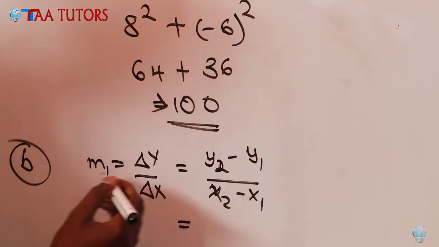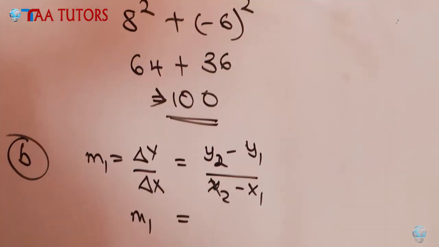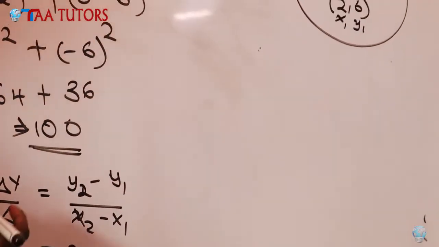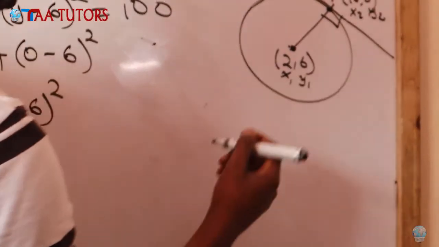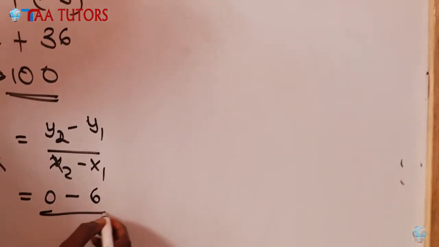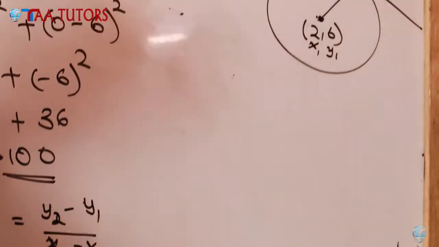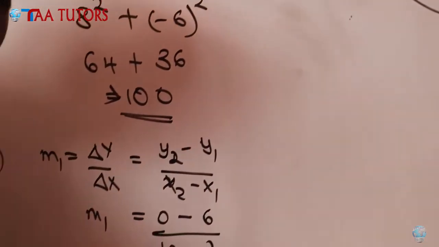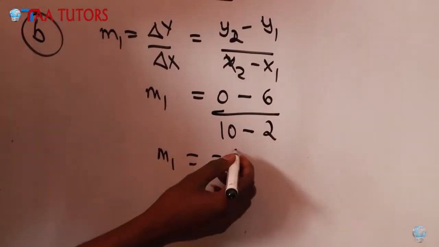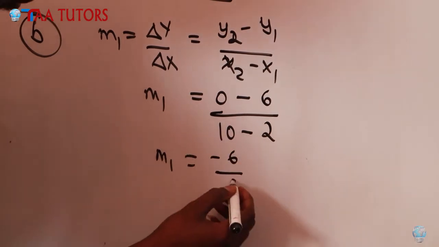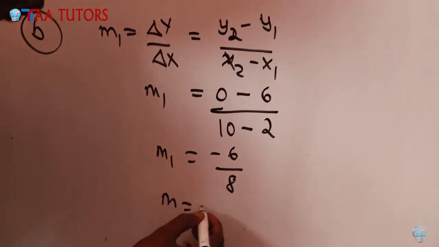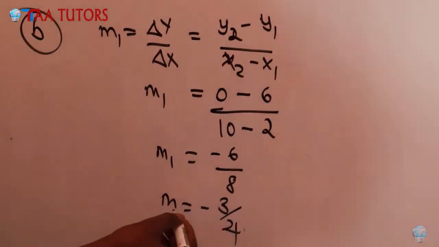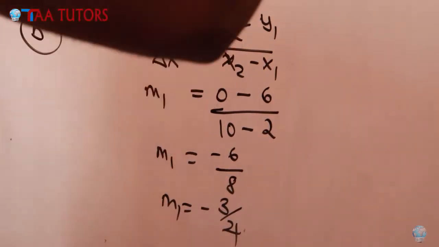So m1, which is the first gradient I'm getting, is 0 minus 6, where y2 is 0 and y1 is 6, over x2 which is 10 minus x1 which is 2. So m1 here will be negative 6 over 8, which actually will be negative 3 over 4. So we have the gradient of the line, which is actually the radius.